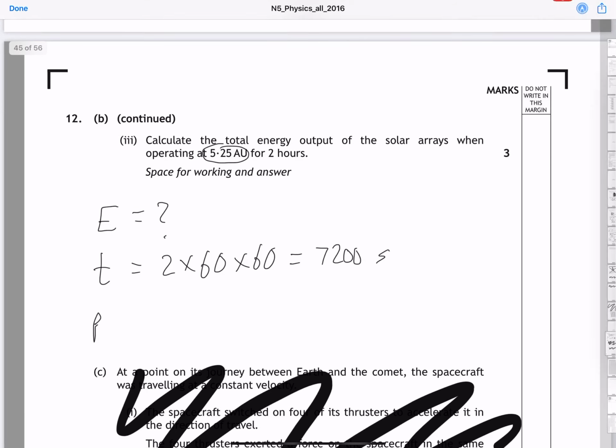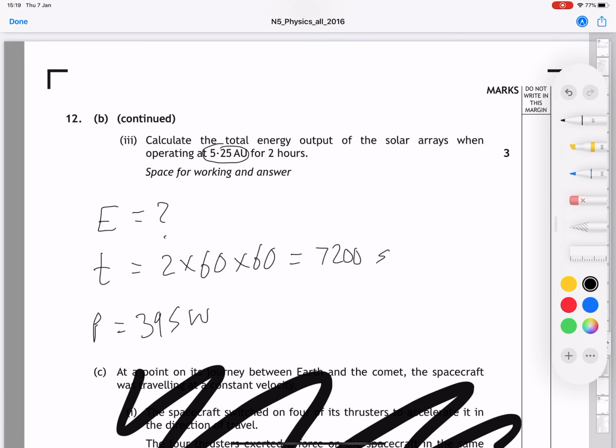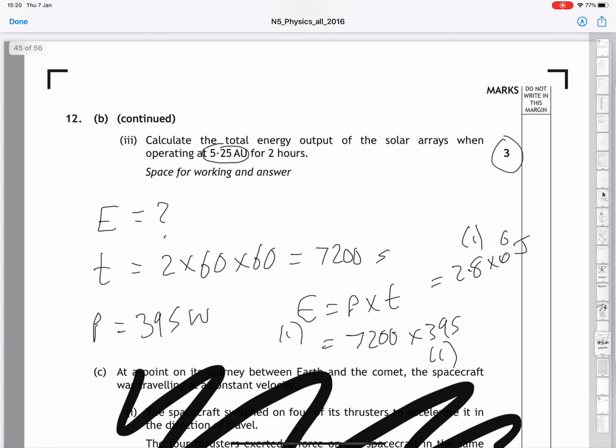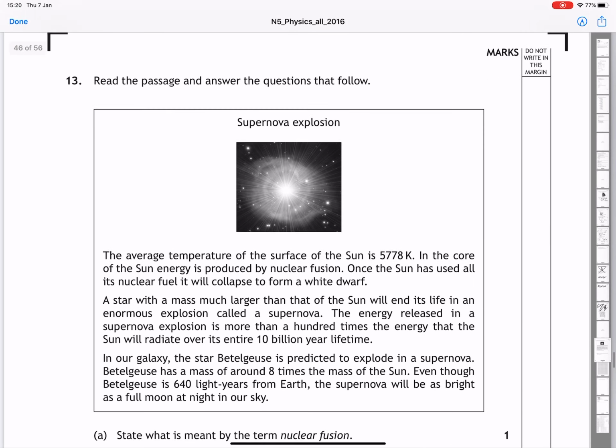So now you've got your power, 395 watts. E equals P times T, 7,200 times 395, which should have given you 2.8 times 10 to the 6 joules. 3 marks. 1 mark for the equation, 1 mark for plugging in the right numbers. If you didn't convert the seconds correctly, you would only lose 1 mark because it's a mistake carried through. 12C and D we couldn't do.